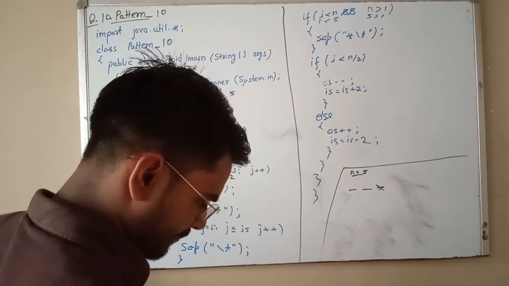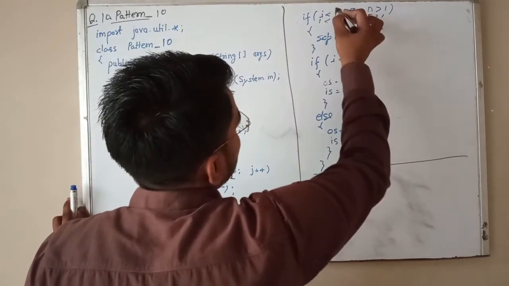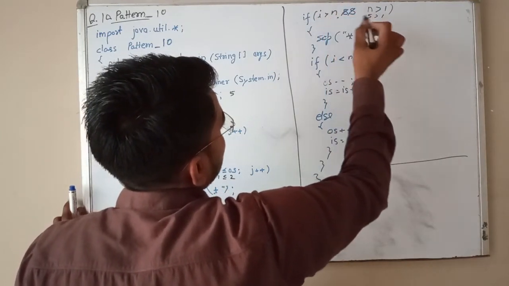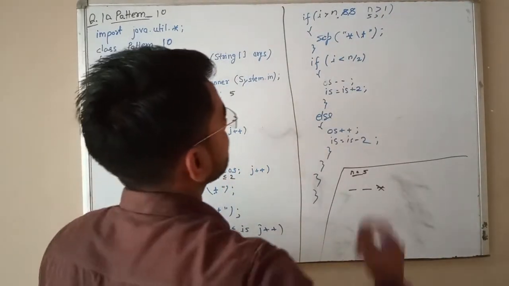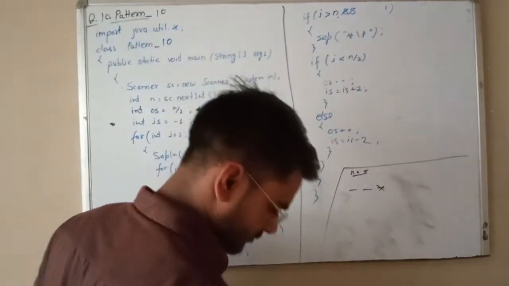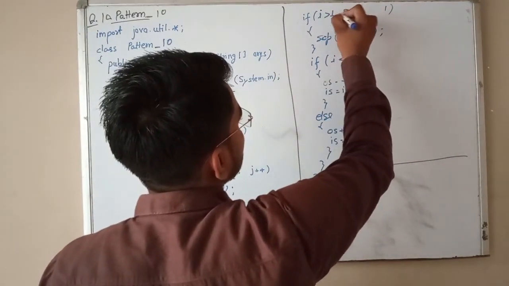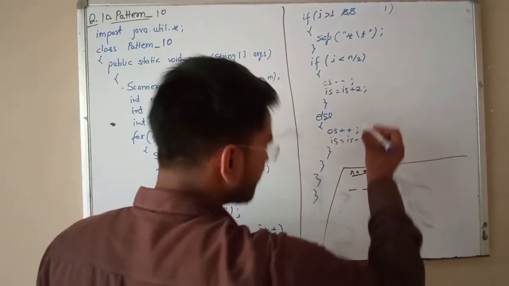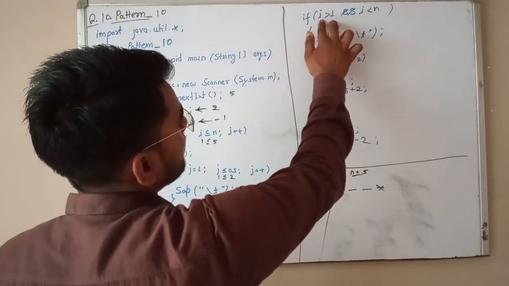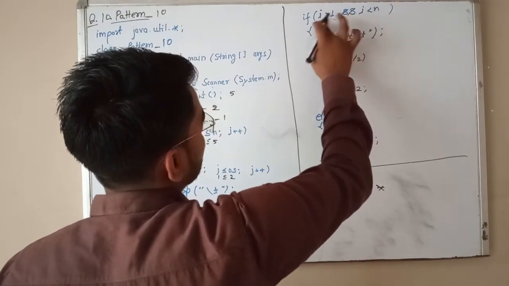After this, the condition check: i value is 1, less than 5, yes, and n is 5, greater than 1. The condition is i greater than 1, so 1 is greater than 1, the condition is false, don't run this.